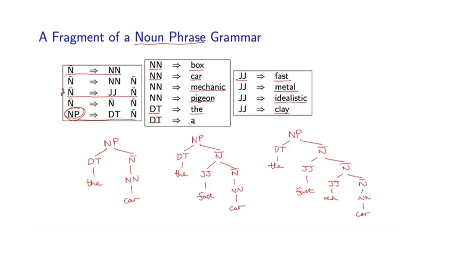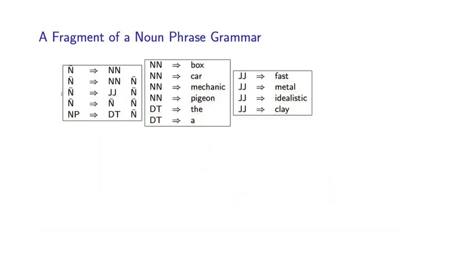Let's move on a little bit, and let's now look at how this rule can be applied. So I have a rule saying an n-bar can be formed by a singular noun followed by an n-bar. So let's give some examples. So again, I can have NP goes to determiner n-bar at the top of this. And now I'm going to use n-bar goes to NN n-bar.